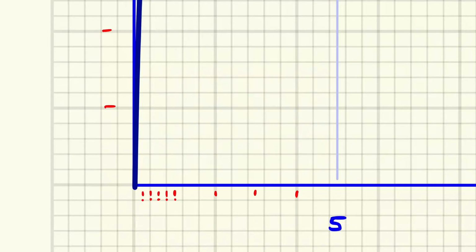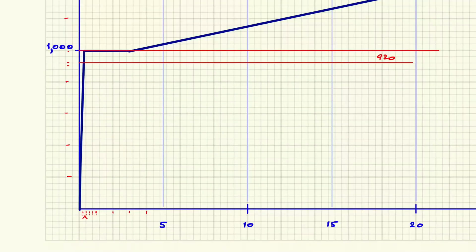Okay, so 0.3 is between there. Hard to see, yeah, 0.3. Anyway, it will be around this zone. Okay, 0.3.